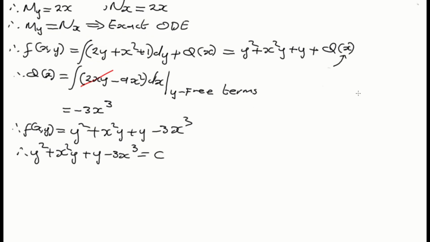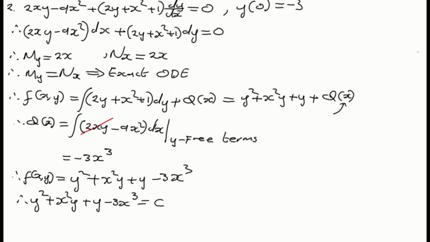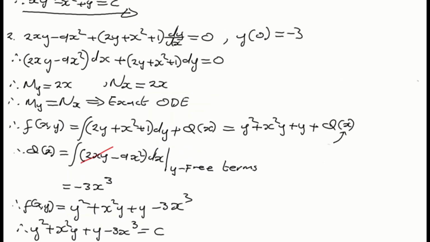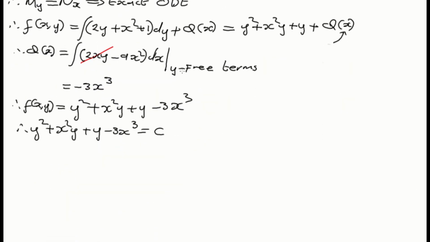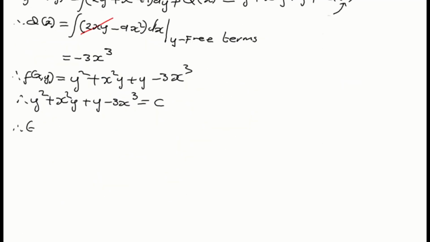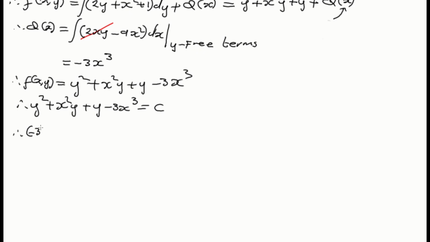Okay, so this is a general solution. This problem had some conditions: x is 0, y is minus 3. X is 0, means there's nothing there. Y is minus 3. X is 0, there is nothing also here. Is equal to c. Therefore c is equal to 9 minus 3.